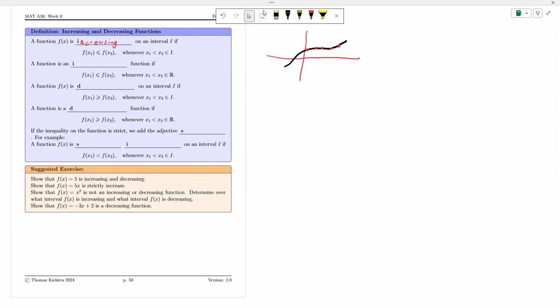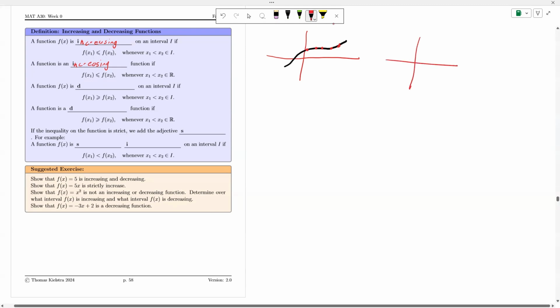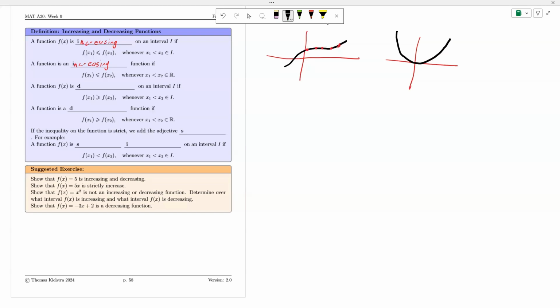And a function is an increasing function if this is true for all x in R. So to highlight the difference here, let's look at the function x squared and the function that we had.